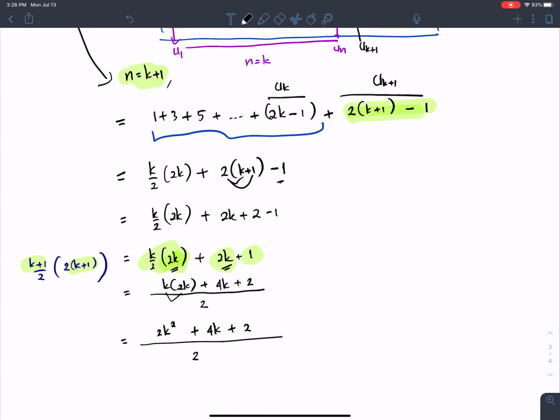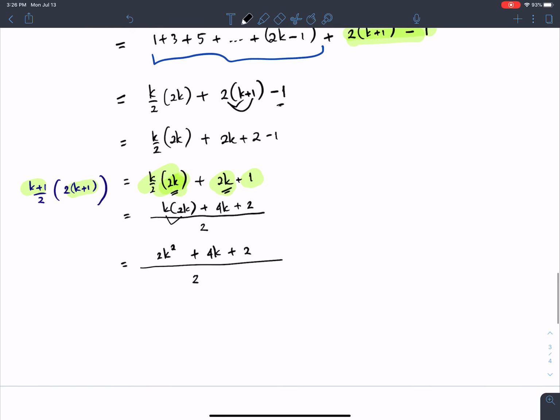Correct, yeah? And next I'm going to factorize the polynomial, become 2k with k.